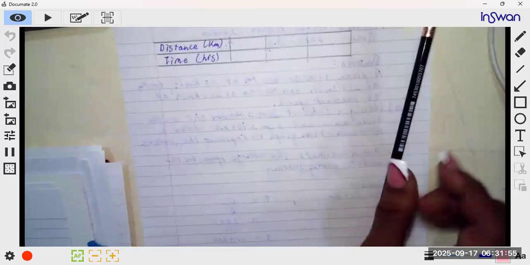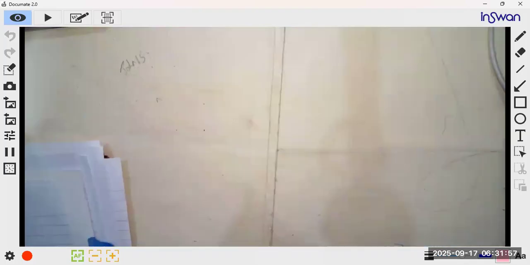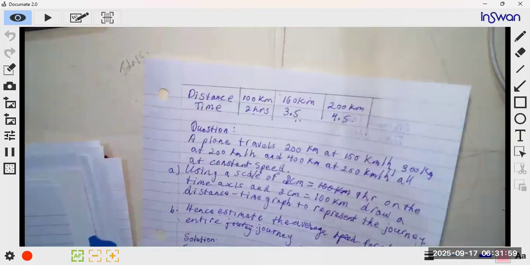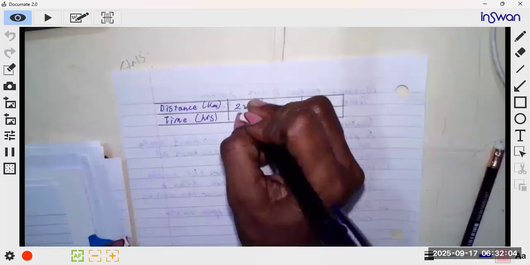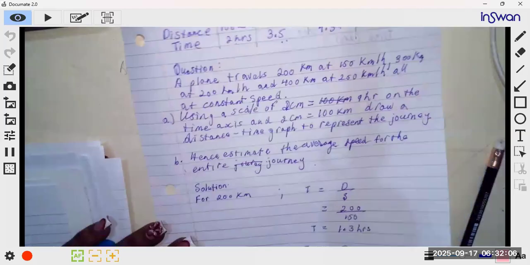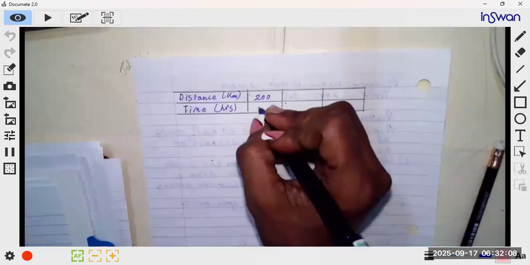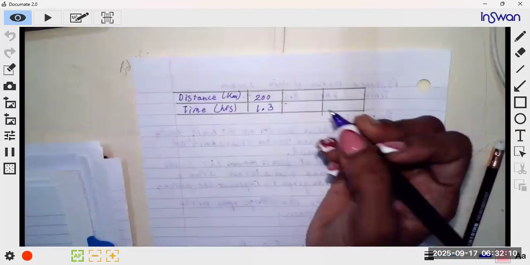So therefore, now we will start off with the 200. For the 200, it will be 1.3. All right, so now it's a journey you're going on.